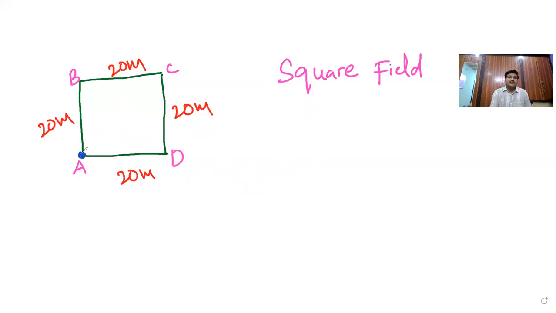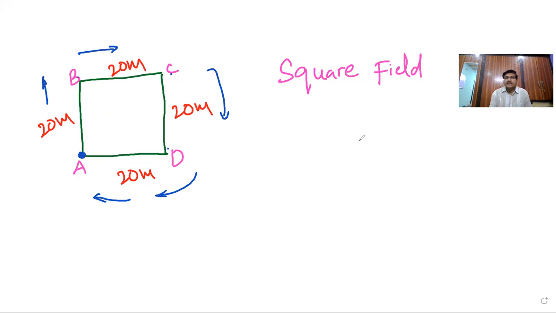Now, what does it say? The farmer moves. Let us say that the farmer starts at A, the initial point. He moves along the complete boundary of the square field like this, only once. A to B, B to C, C to D, and D to A. Complete boundary of the square field once he moves.